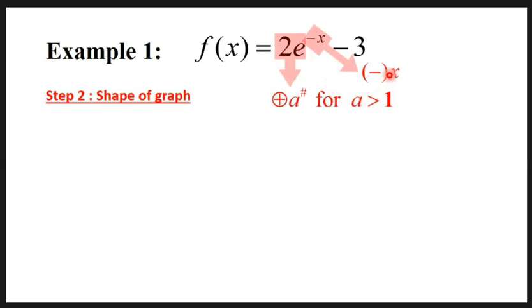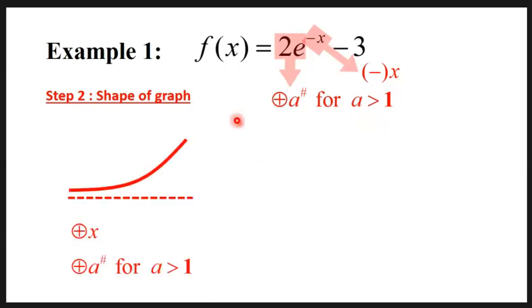Based on this info, we are going to determine the shape of the graph. First of all, we come back to the basic graph, which is the case of positive x and a positive coefficient on the exponential function with a base number greater than 1.